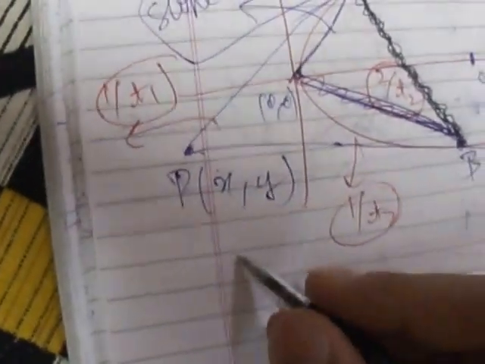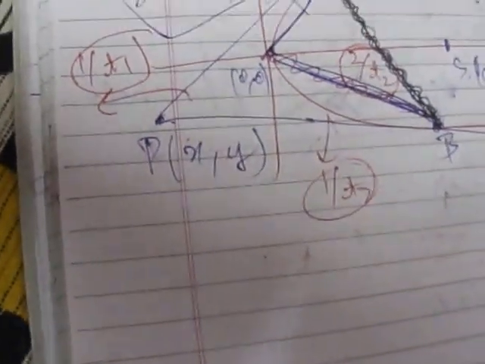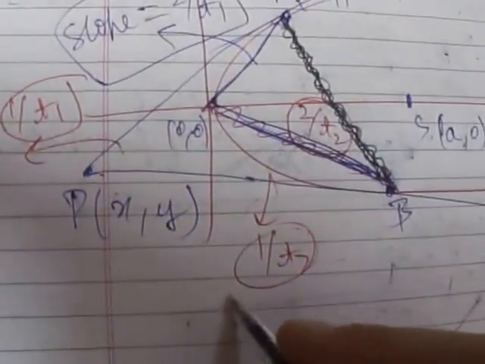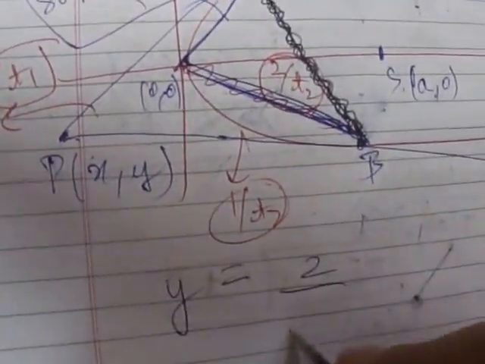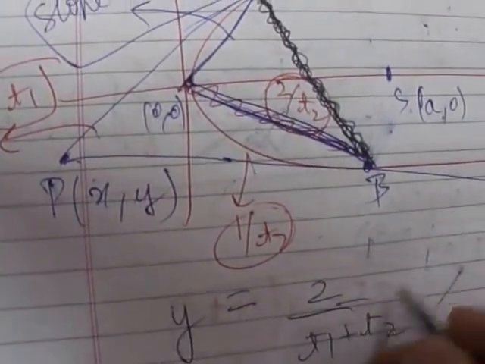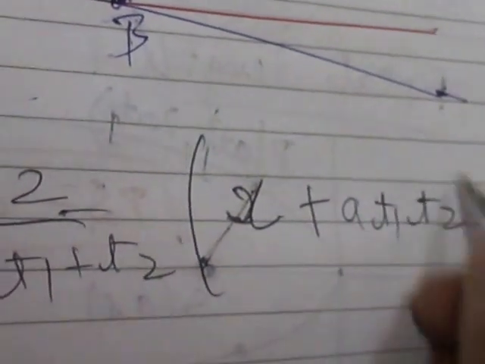This is the last topic I am taking for this session. Learn it: y equals 2 by t1 plus t2 times x plus a t1 t2. This is the equation.